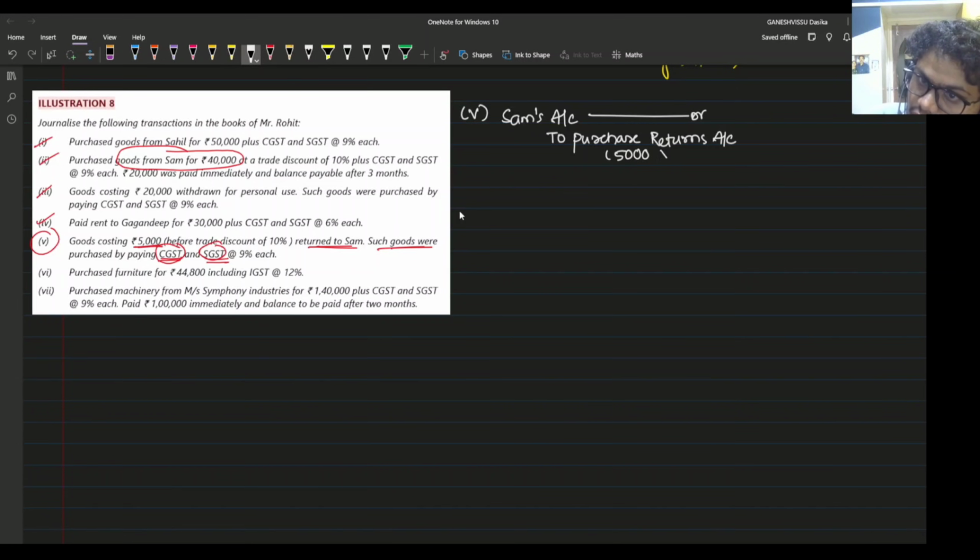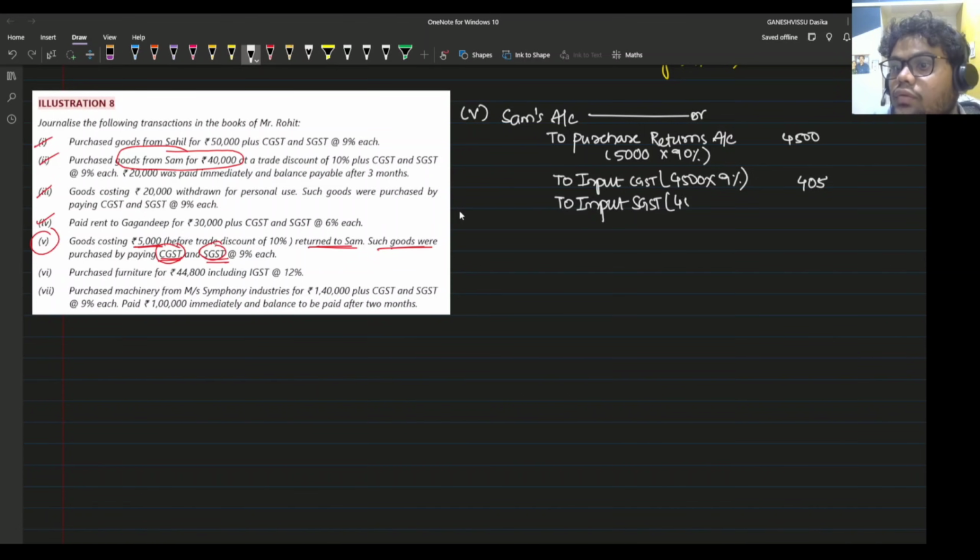Out of 5,000 we are going to get only 90% returning. So to purchase returns 4,500 rupees, to input CGST, again on 4,500 we are going to calculate 9%, which would be 405 rupees. To input SGST, 4,500 into 9%, again 405 rupees.